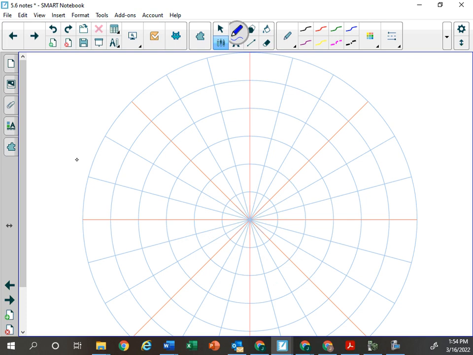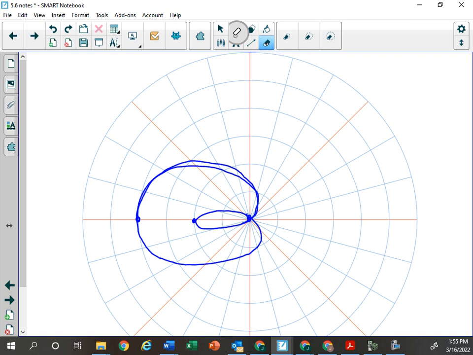And I'm sure my drawing up here isn't going to be much better, but I'll try. Okay, kind of. This is number 9.